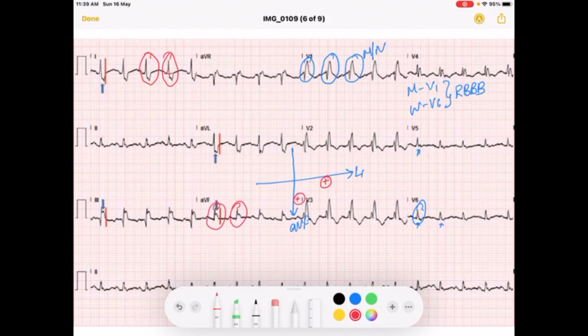So this is normal axis. So this ECG is of right bundle branch block with normal axis.